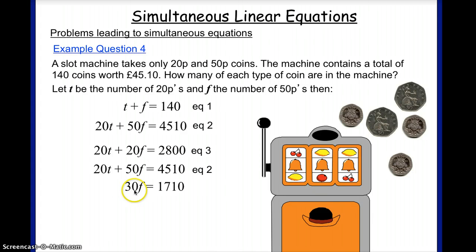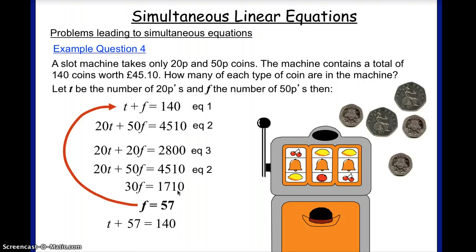Anyway, you will end up with 30F is equal to 4,510 minus 2,800, which will give you 1,710. Divide both sides by 30, you will have 57, and then replace 57, and you will have T plus 57 equals 140. So T is 83.